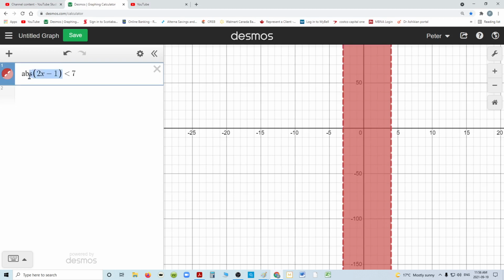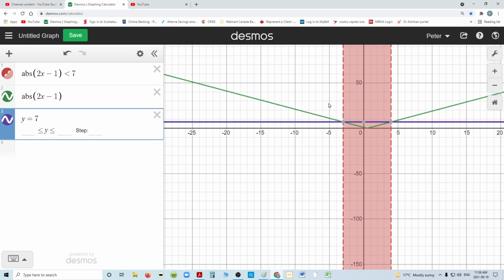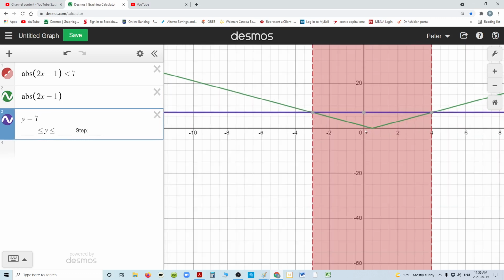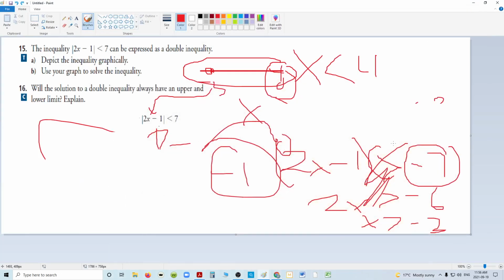You can always put this equation in there as well in the next one, and then you can put when is y smaller than 7, and you can see the points on the green line that are below the purple line, and they also happen to cross with the values we got. But absolute value inequalities throw that little curveball because you've got to calculate the second one.